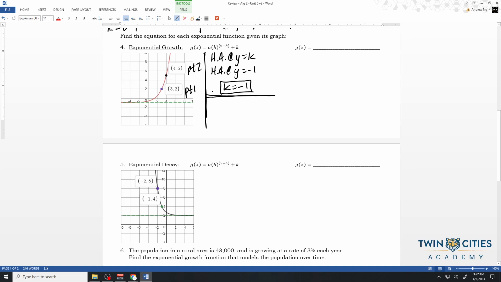Okay, now I can go to my first reference point, which is (3, 2). I know from earlier, problems 1, 2, and 3, the first reference point is at (h, a plus k). Well, now I know that this first reference point is also the point (3, 2), which tells me that h equals 3, left equals left.